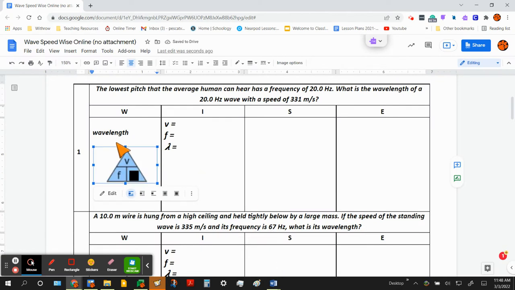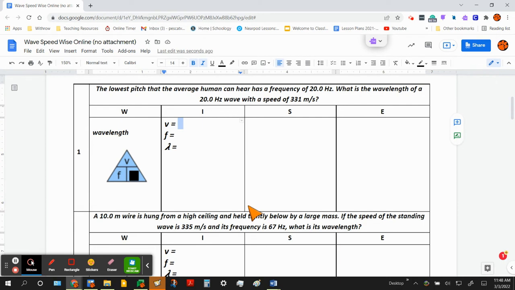Okay, when you do that, it'll reveal this. And again, this will show me that you know what you're doing and you completed the first step correctly. Next, we're going to fill in our variables, the information from the problem. In the problem, it says that the frequency was 20 hertz.